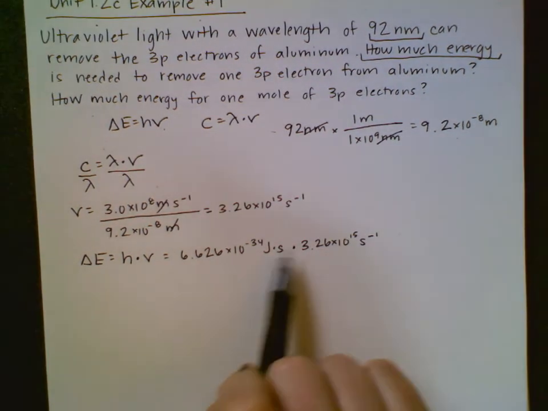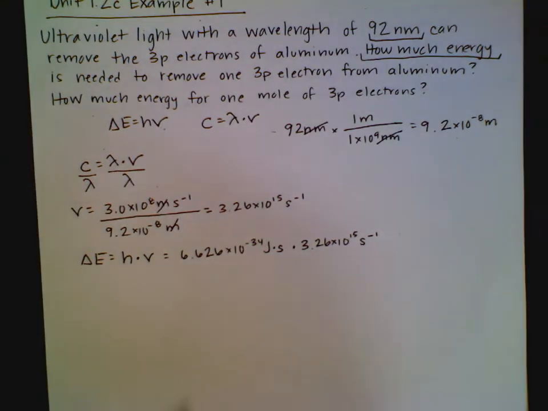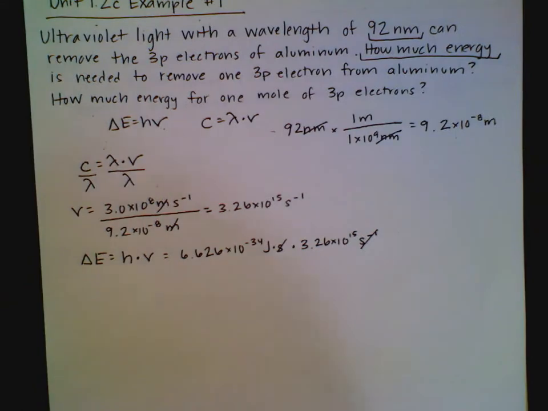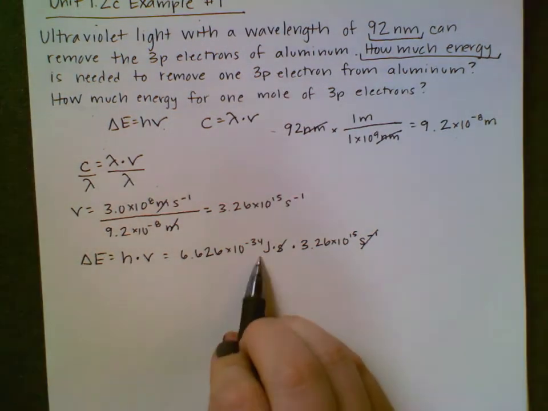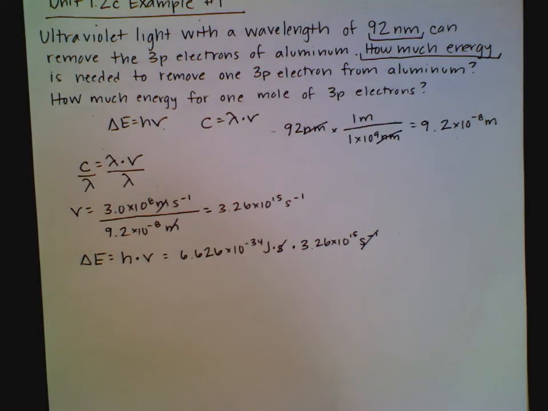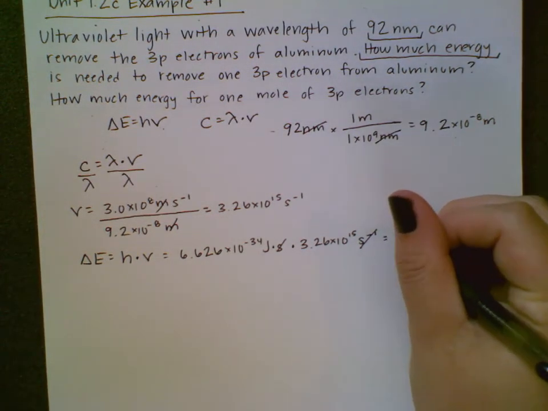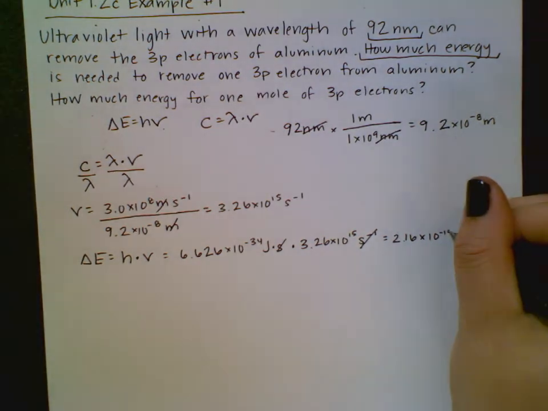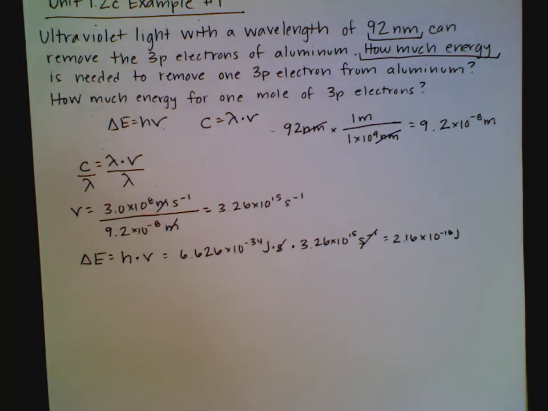You actually have to put the numbers into the equation and then show that work. Seconds and seconds to the negative 1 cancel each other out, and we are left with an energy value of joules. And if I multiply those things together, I get a value of 2.16 times 10 to the negative 18th joules. All right, so that is the energy for one photon or one electron that's removed.